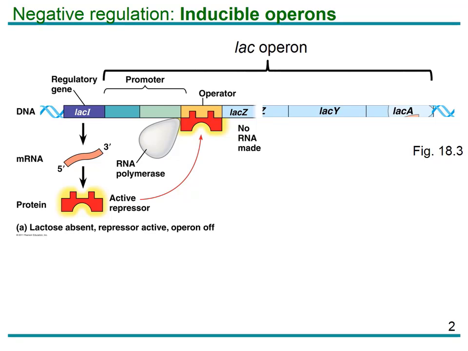Without lactose present, the repressor is going to bind to the operator. So if there's no lactose, our repressor will bind the operator, and we are not going to make lactase genes. Your cell doesn't need to make lactase genes if there's no lactose to digest, so we're going to repress the expression of that lac operon.